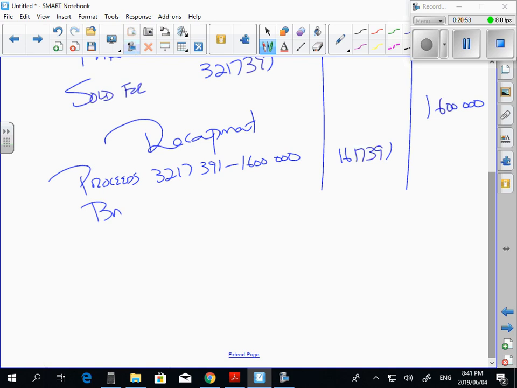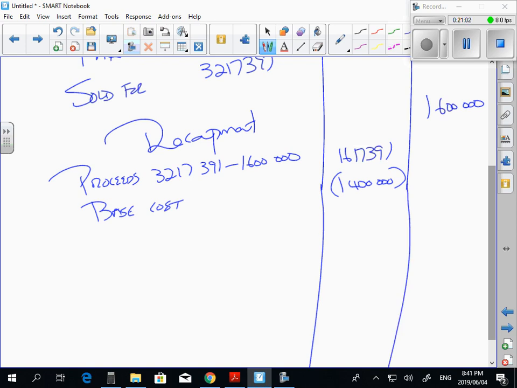And your base cost is going to be 1.4 mil. Guys, comfortable? Does this make sense? Just a normal calc. You just got to do it asset by asset.